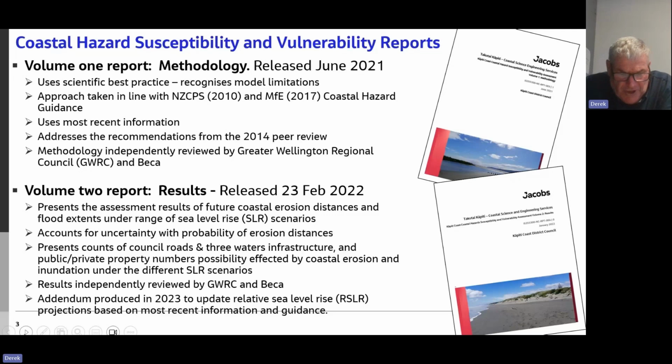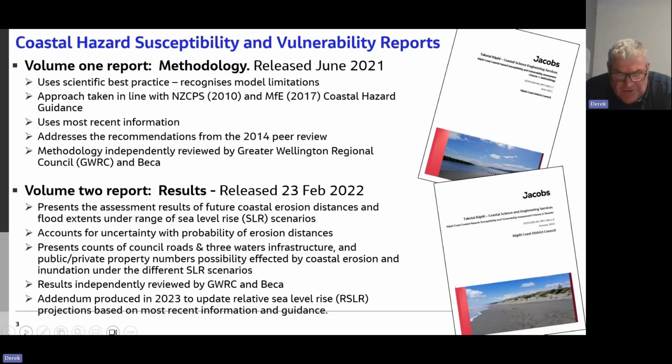So the hazards look at both current and future erosion and inundation due to the actions of the sea. That's a combination of sea level and waves. Therefore, future sea level rise relative to the level of the land is a major consideration in the assessment of future coastal hazards.